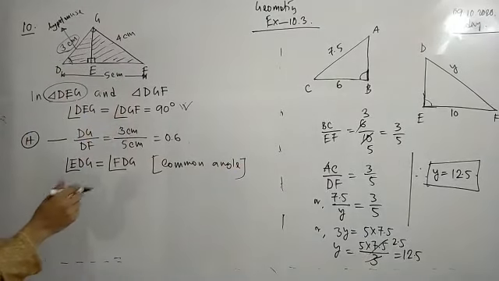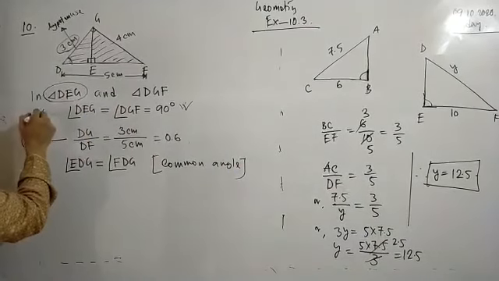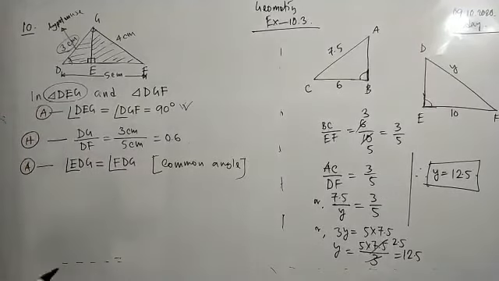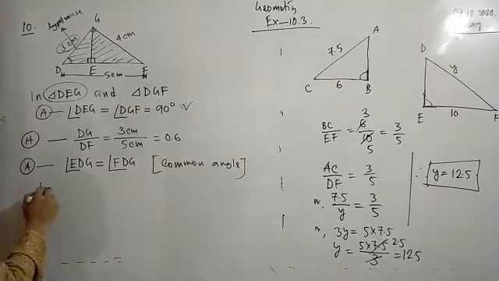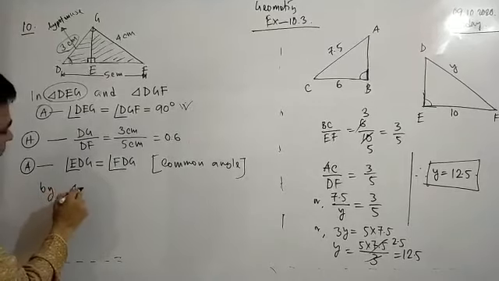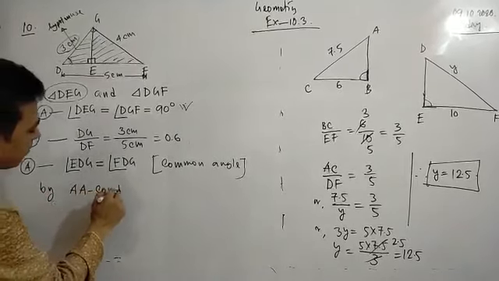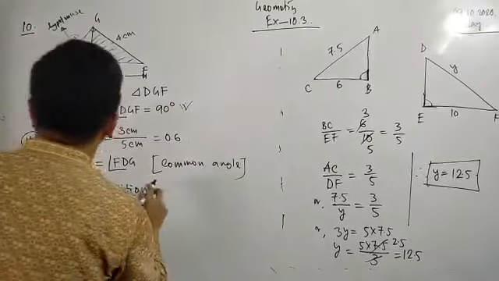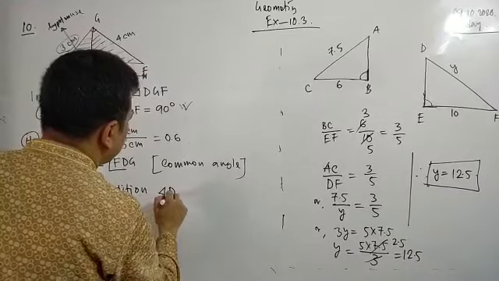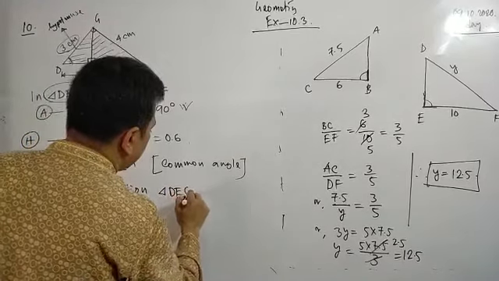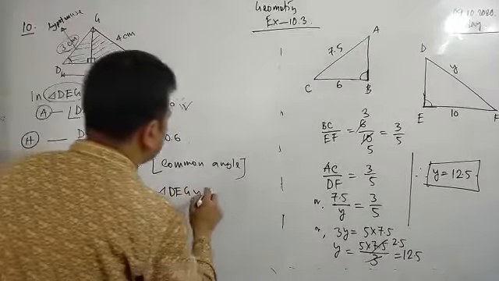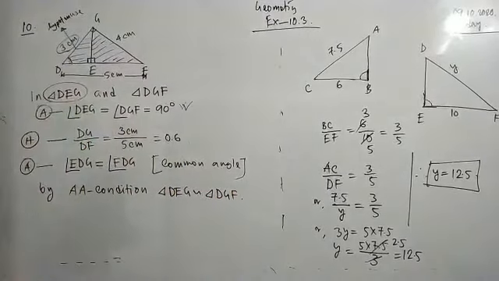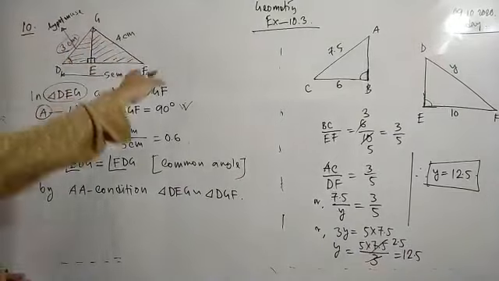So now we have seen that this is one angle here, and here also another angle. So by the double A condition, we can say triangle DEG is similar to triangle DGF. So the small triangle is similar to the big triangle.